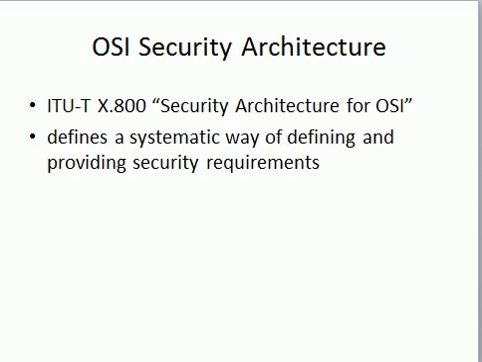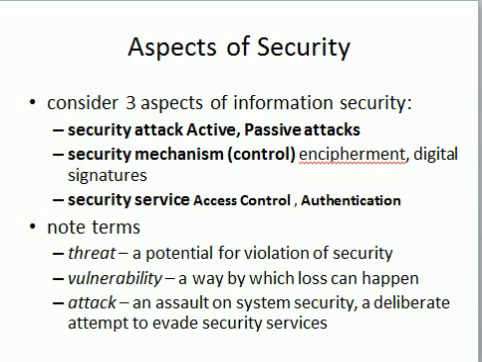The ITU-T recommendation X.800, Security Architecture for OSI, defines such a systematic approach. The OSI security architecture is useful to managers as a way of organizing the task of providing security. Now, the aspects of security.